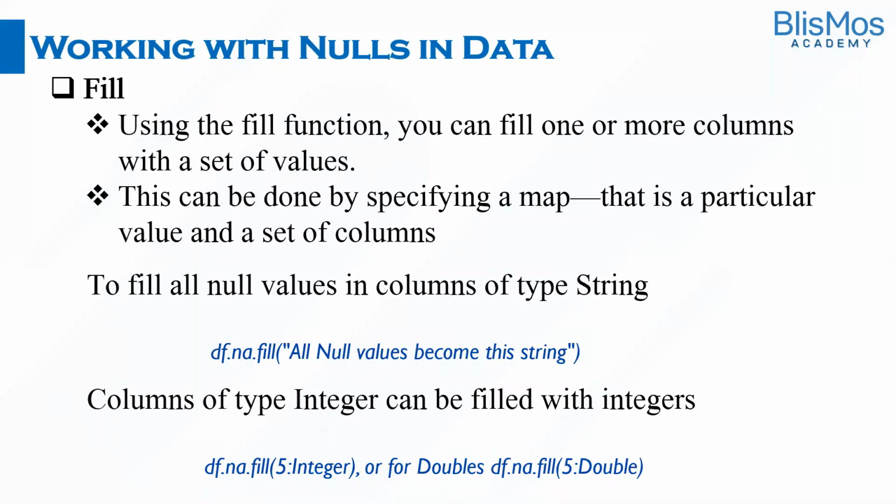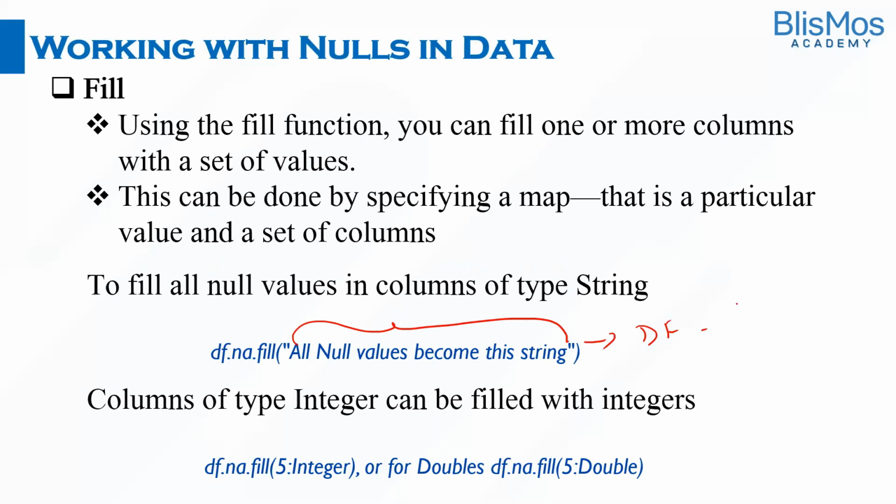The next one is the fill function, where you don't want to lose the data. You want to replace the null values with the appropriate value depending upon your project. That is when you should be using fill. Fill can be used in multiple ways. One of the ways, by using fill, you can fill all the null values in a data frame.